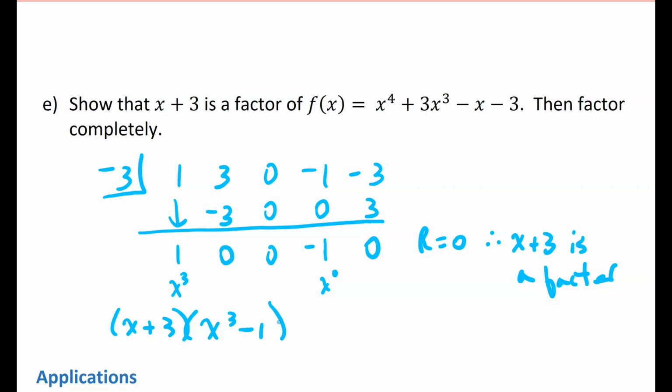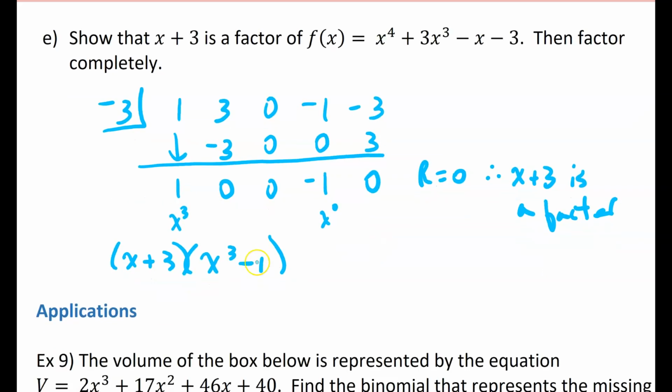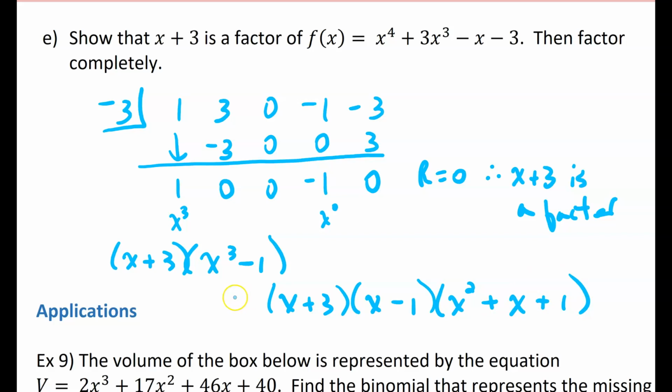A difference of perfect cubes. Difference of perfect cubes. And so we would have to go a step further in this one. And so x plus 3 we can't do anything with. It's going to carry. And then our difference of perfect cubes would become x minus 1 times x squared plus x plus 1. And there is the final factorization.